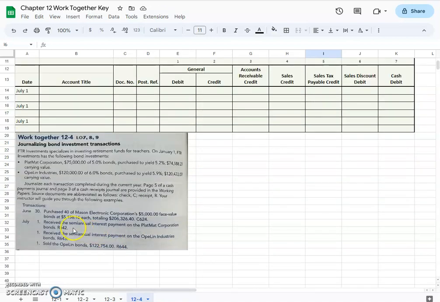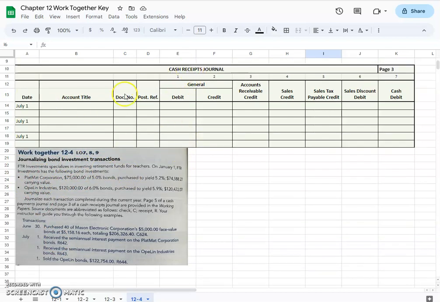Next entry, July 1st. Received the semi-annual interest payment on the PlanMat Corporation bonds, receipt number 642. So we're up here with the PlanMat bonds, and we're receiving some interest. So it will be in our cash receipts journal now. On July 1st, receiving interest would mean interest revenue.